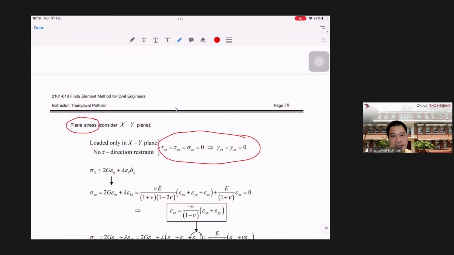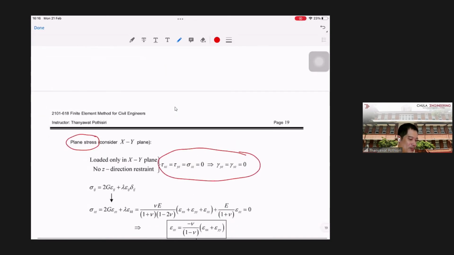So the examples of this kind of problem would be our typical plane structural problems, right? Most structural problems are plane stress problems because, for example, you think of a plane structure, and you have loading in the same plane, right?